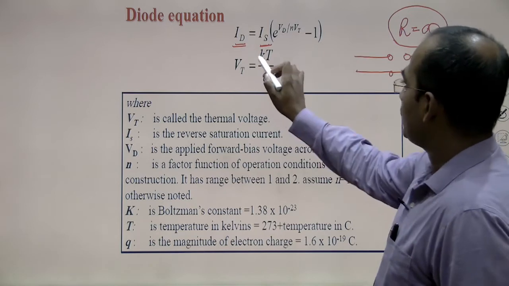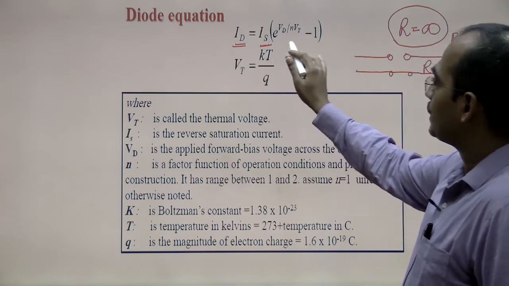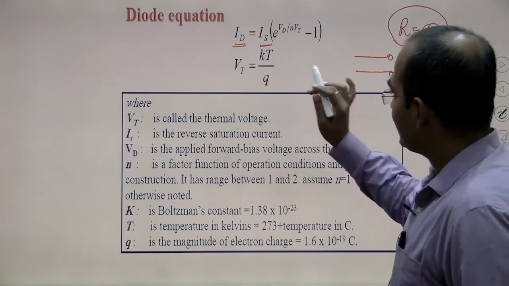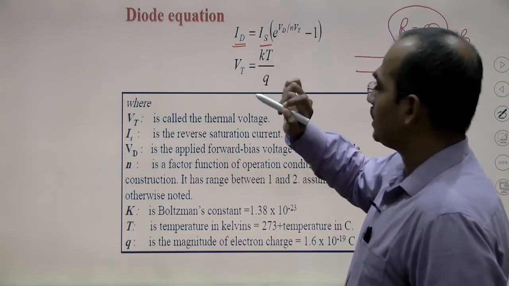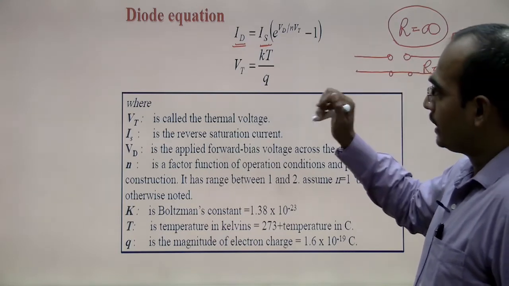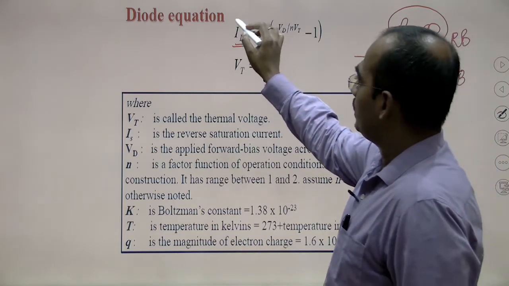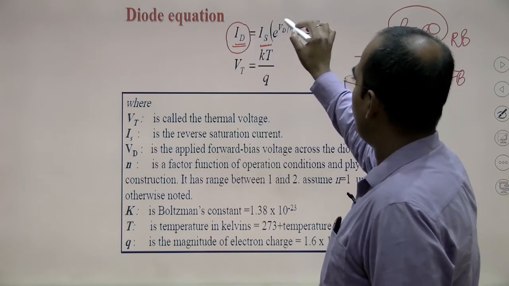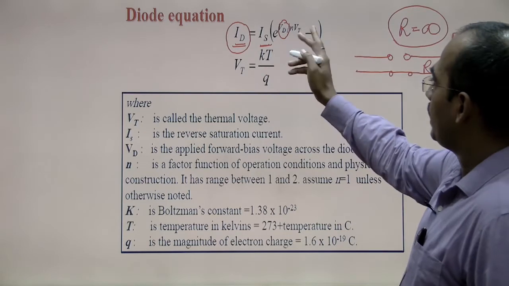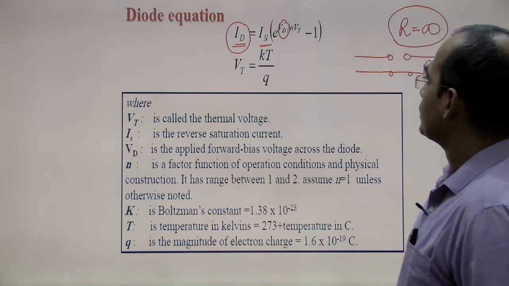So ID is equal to IS e to the power VD by eta VT minus 1. So here we can say that there is a relation between forward current and forward voltage. So what is the relation? The relation between forward current and forward voltage is exponential.